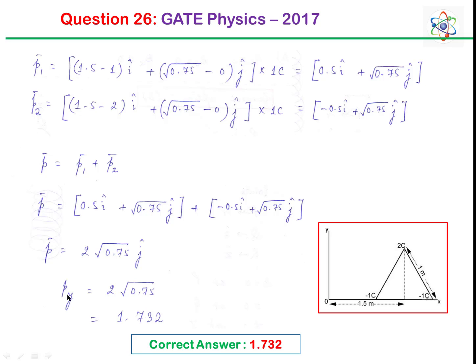Therefore Py is equal to 2 root 0.75, and that comes out to be 1.732.